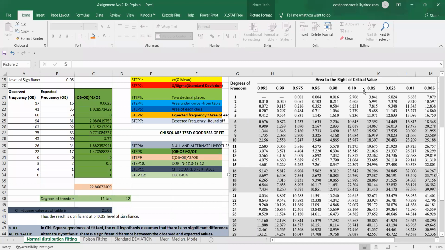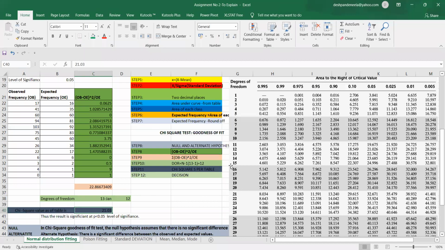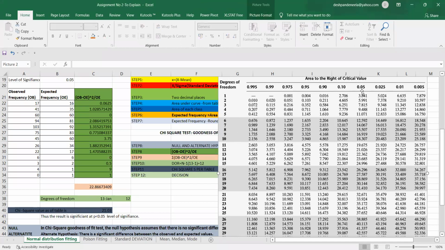So let us see what is the area to the right of the critical value. The chi-square value from the table for 12 degrees of freedom and 0.05 as my significance value. Let me see.